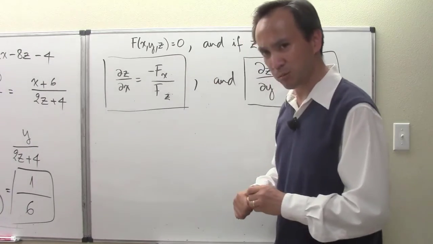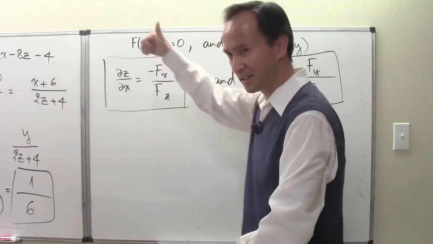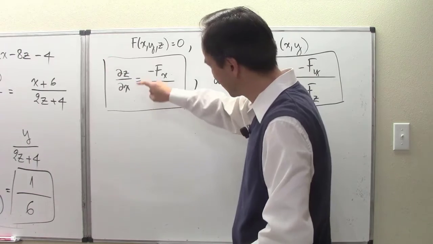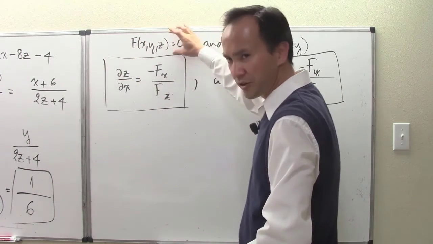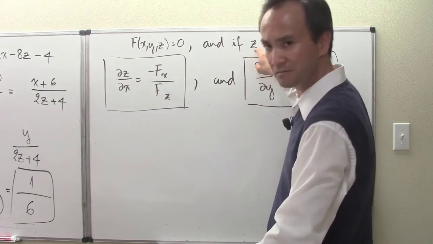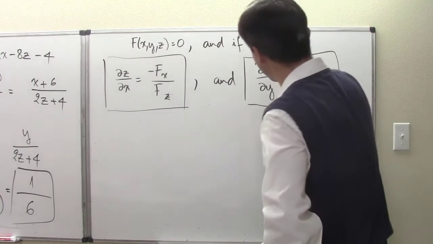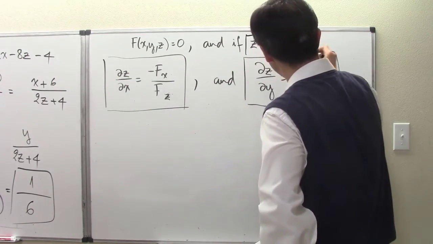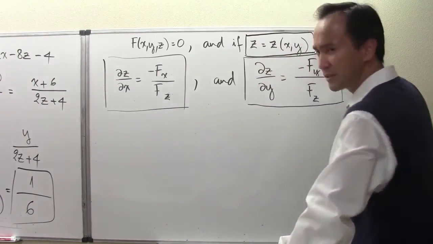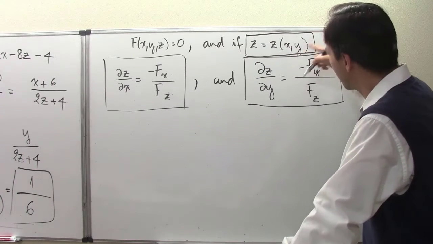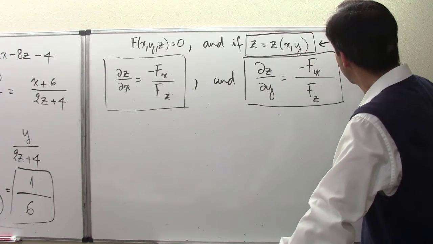As I explained earlier throughout the example, out of this equation with 3 variables, z being a function implicitly defined in terms of x and y is just a choice.